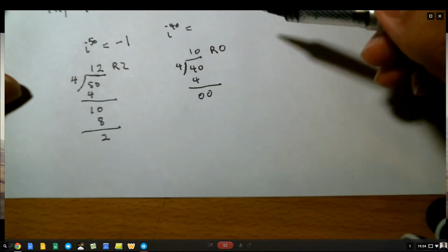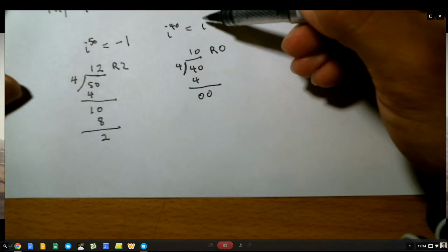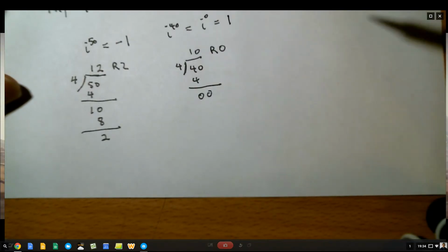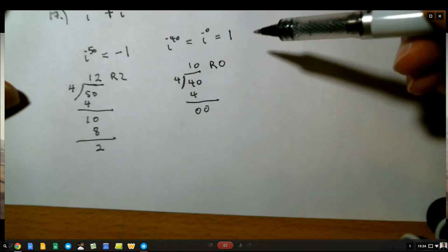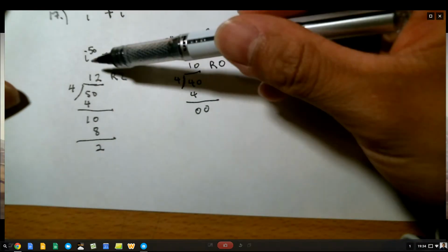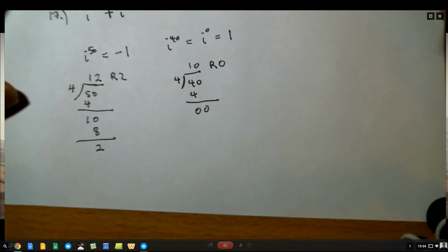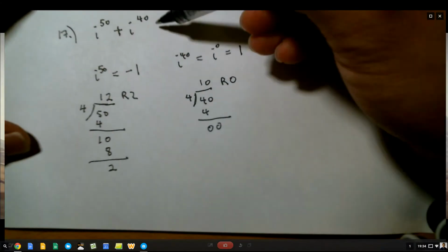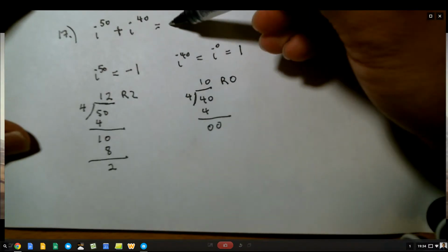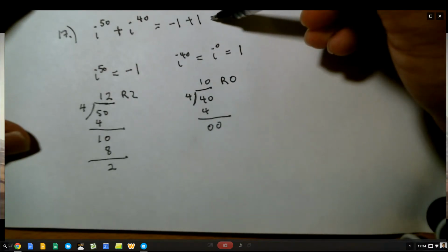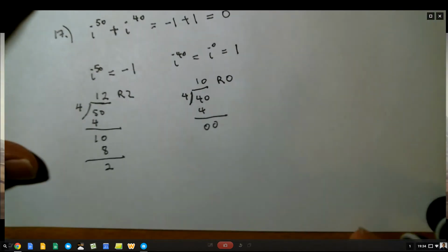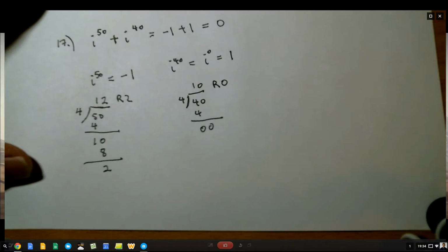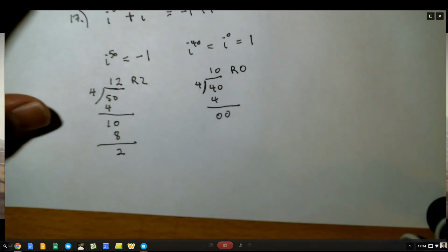And remainder 0 is equivalent to i to the 0th power, which is equal to 1. So i to the 40th power is equal to 1. i to the 50th power is negative 1. So we end up with negative 1 plus 1, and you end up with the answer 0. Okay, that's number 17.